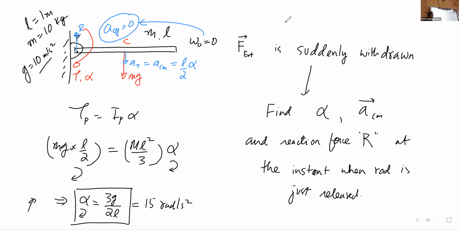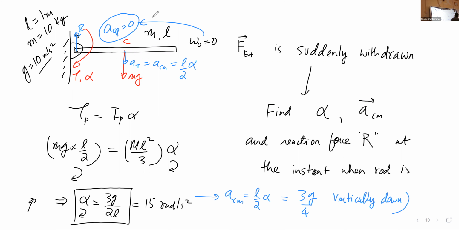So the acceleration of the center of mass is going to be 3g by 4 vertically downwards. Just at that instant, the center of mass will have an acceleration vector which is pointing down, equal to 3g by 4.